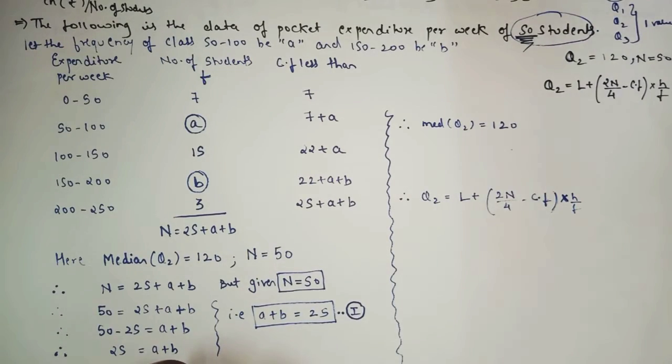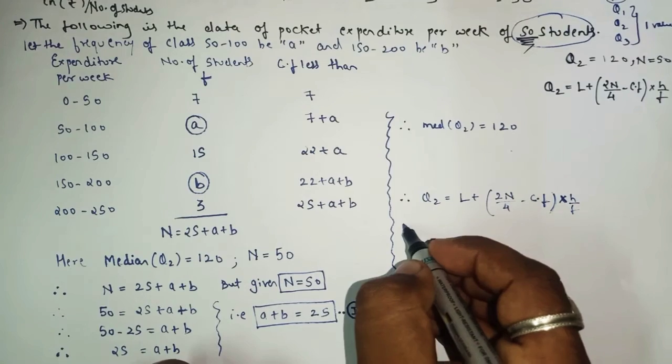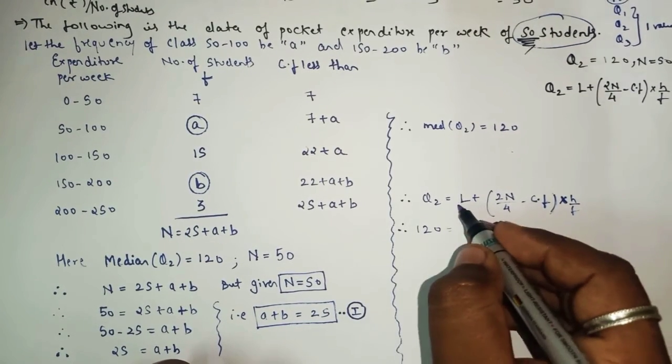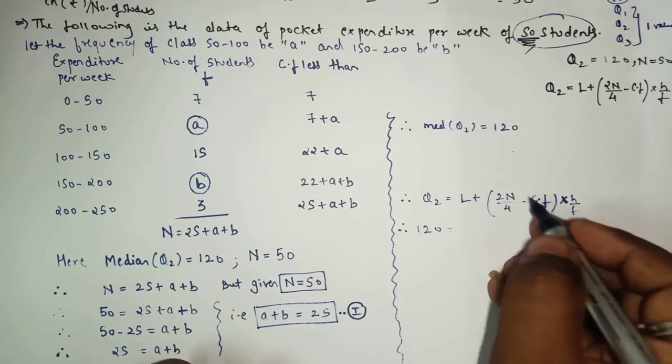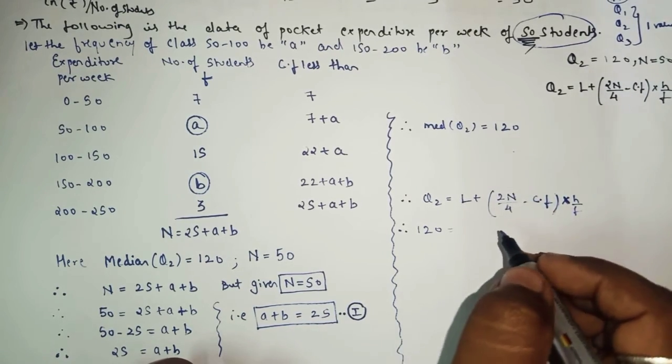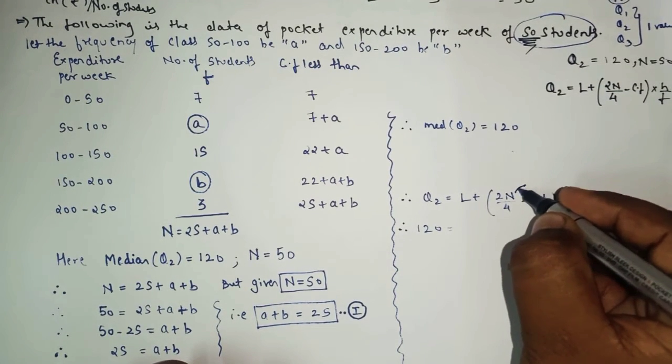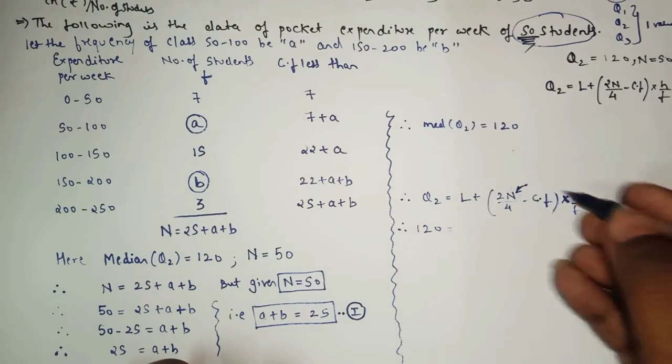Okay, so q2, here we have 120, so in place of q2 we can write 120. What about l, n, cf, h and f? We require all these values, and we know how to find all these values, yes or no? What we used to do, we used to first find this 2n upon 4, and with respect to that we used to get the value.